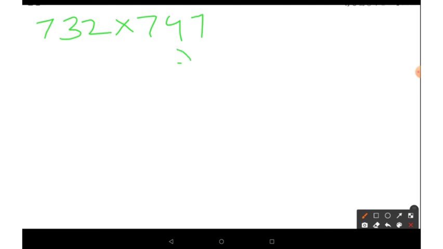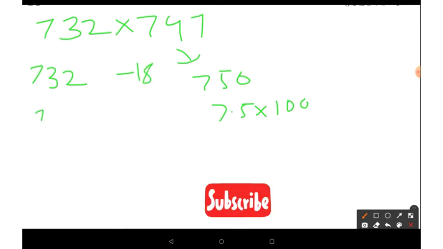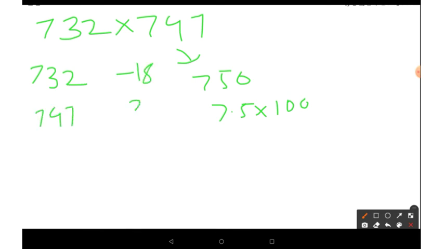What you can do, you can go with 750 itself. Right now I am writing it as 7.5 into 100, and we'll see. 732 you will get minus 18, and 747 you will get 3. Okay, so we'll go for minus 3, whichever is easy for you.